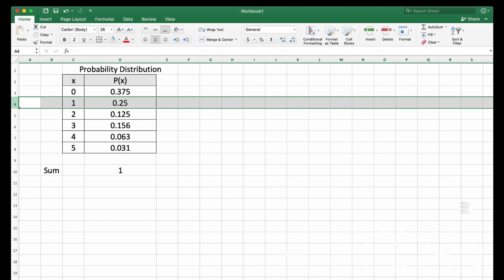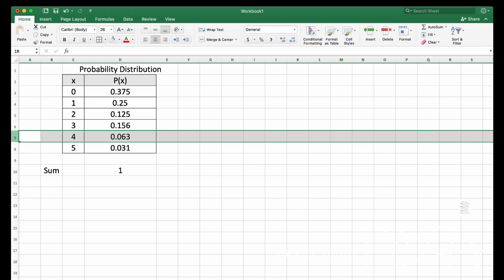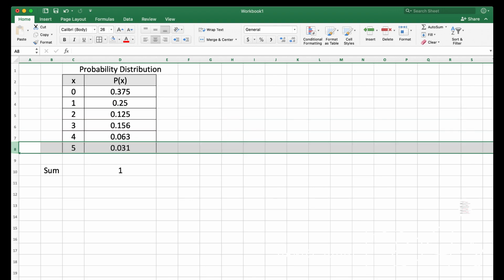We got P of 1, P of 2, P of 3, P of 4, and P of 5. All those values are here. So P of 1, let's remind you, is 0.25. P of 2, 0.125. P of 3, 0.156. P of 4, 0.063. And then P of 5, 0.031.